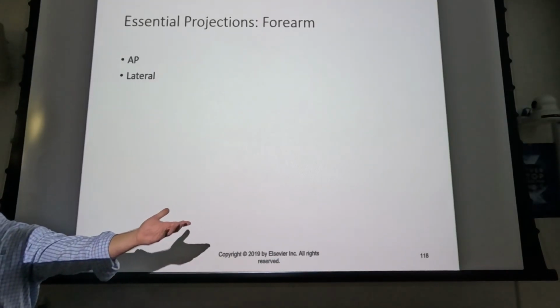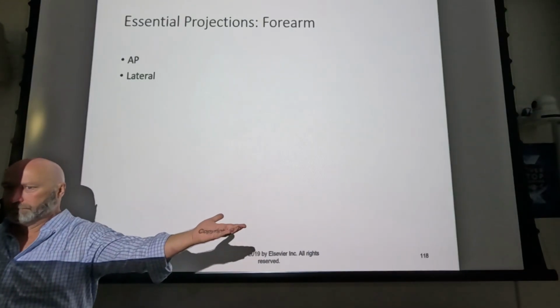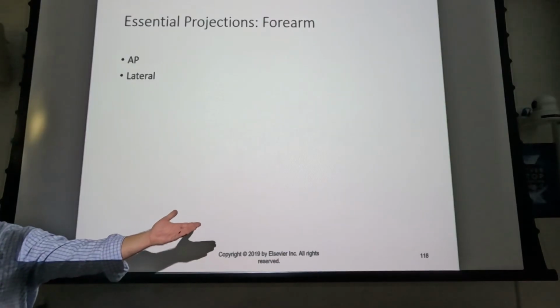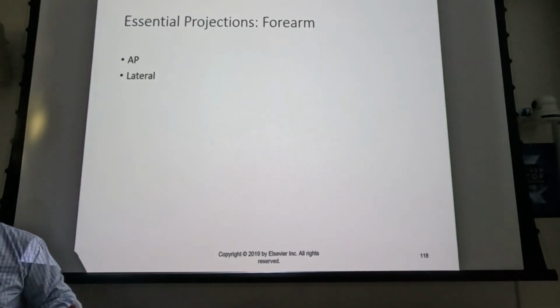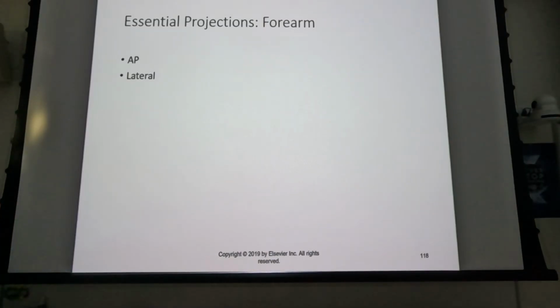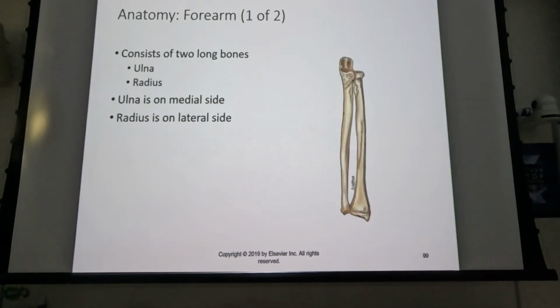You might ask them, can you put your palm up? And if they go, then you're just going to shoot it however it is, right? Because in a lot of cases, again, you've got the radius and the ulna. They're long bones, right?